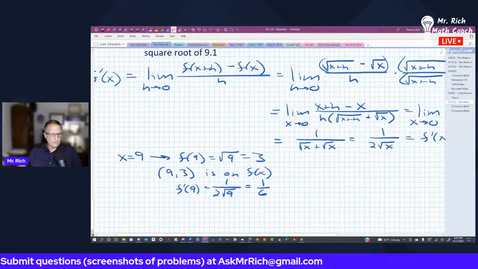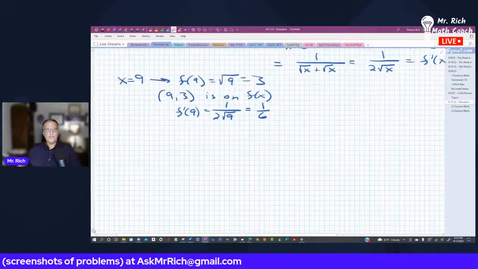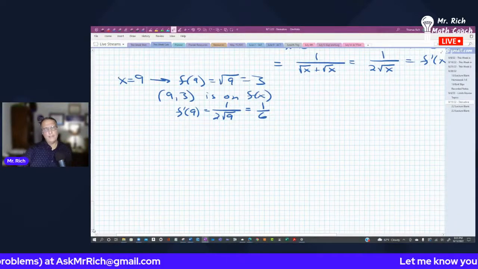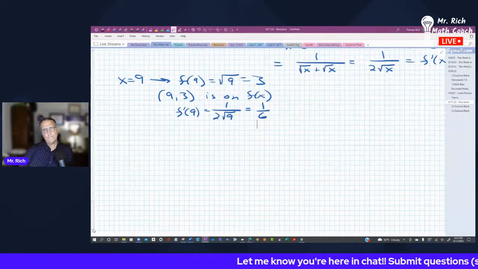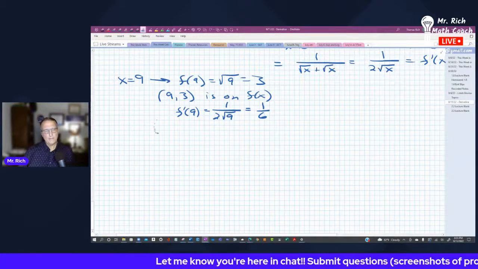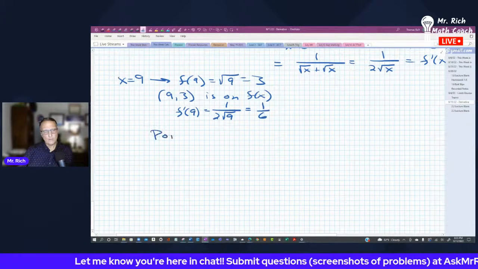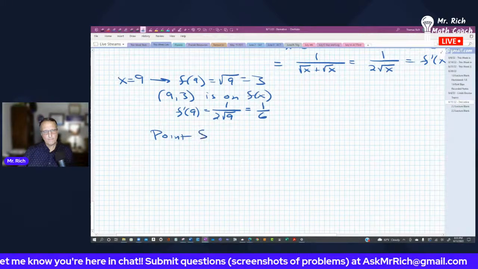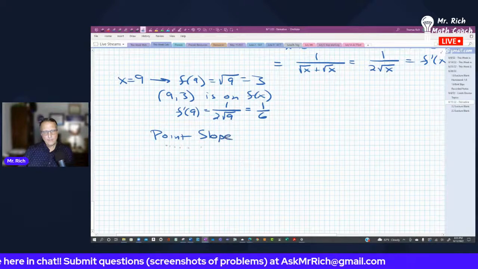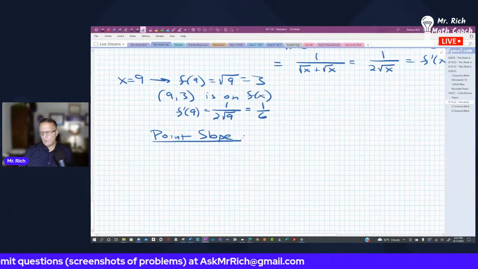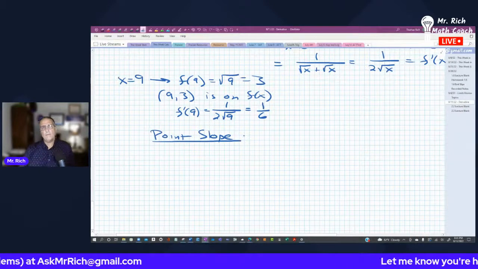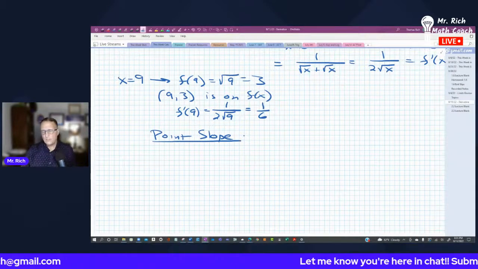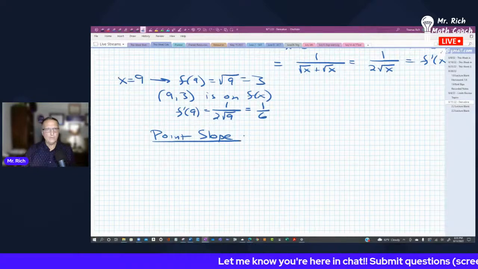So this means that I have everything I need to write the equation of the tangent line, because I'm going to use point slope. And in AP Calculus, we use point slope all the time. We are not always using slope intercept. I know through your algebra classes, you were taught y equals mx plus b.